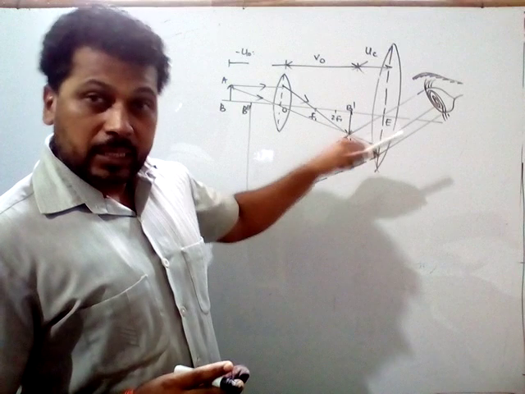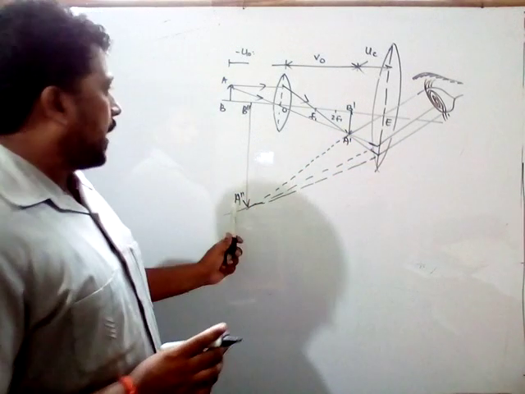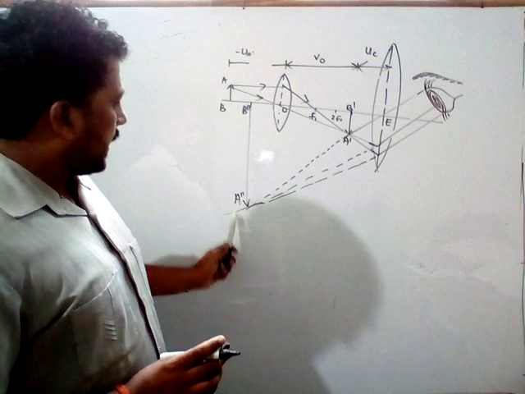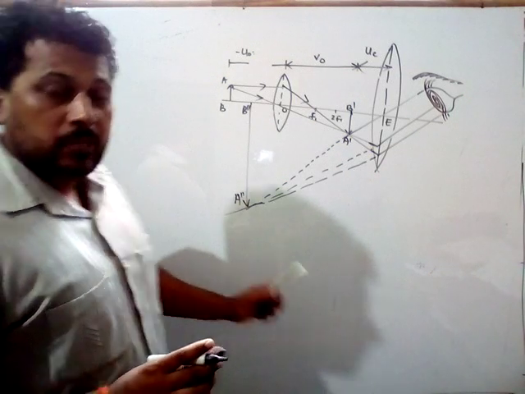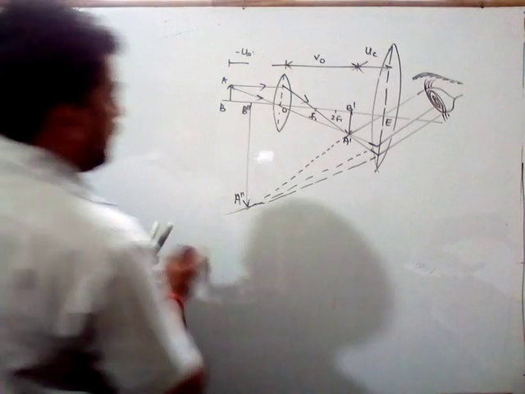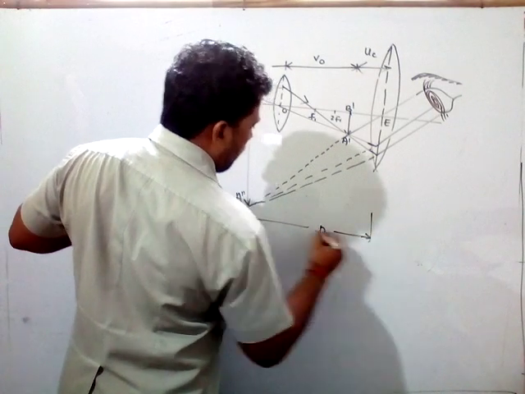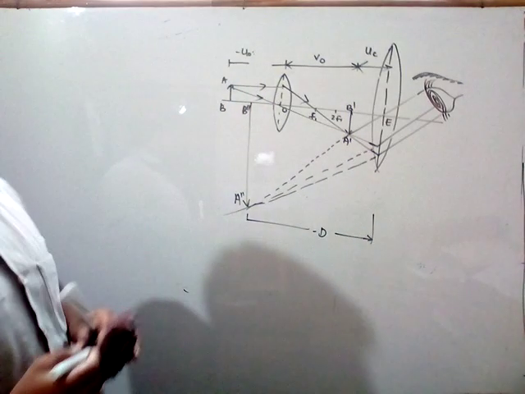This image works as an object for the eyepiece lens, and the final image A double dash B double dash is highly magnified, formed at the least distance D.